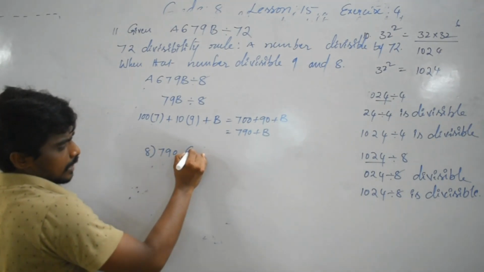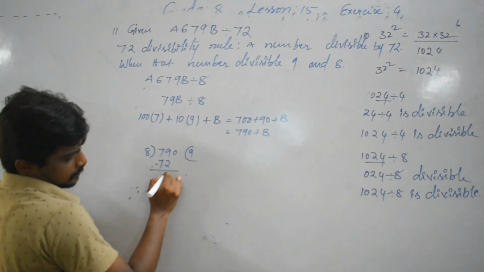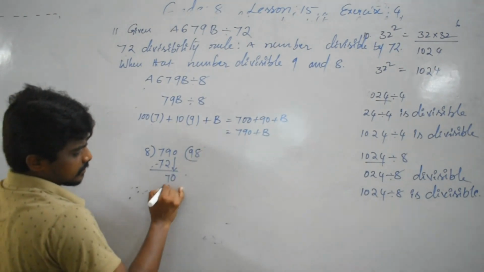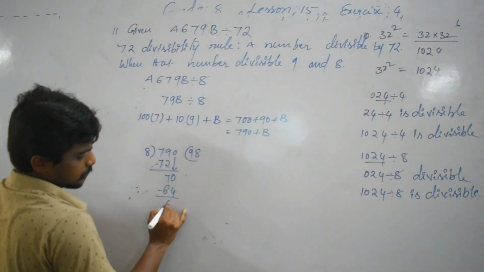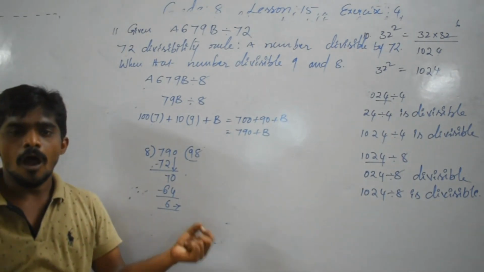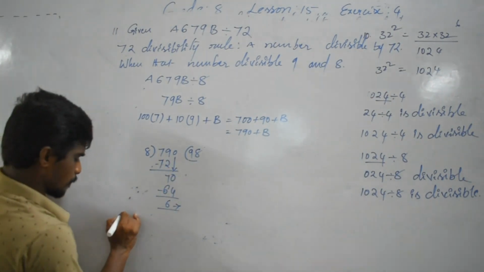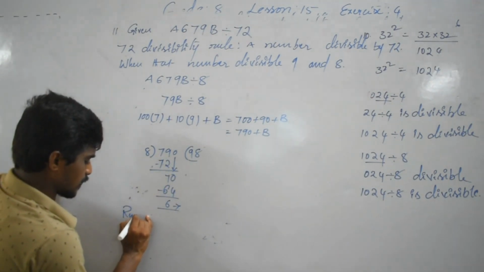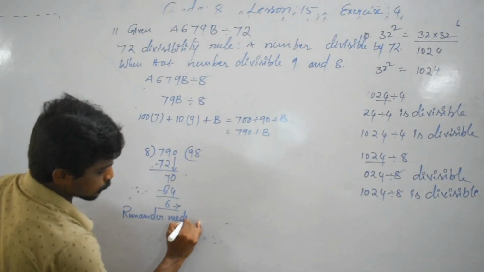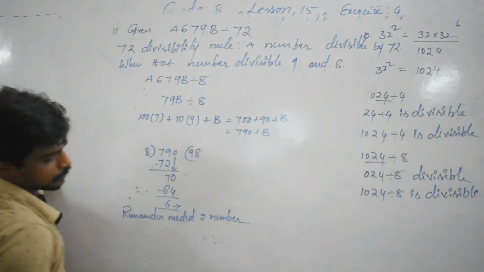8 9s are 72, 8 8s are 64, so the remainder is 2. For this remainder, how many numbers are needed to be divisible by 8? 6 more.